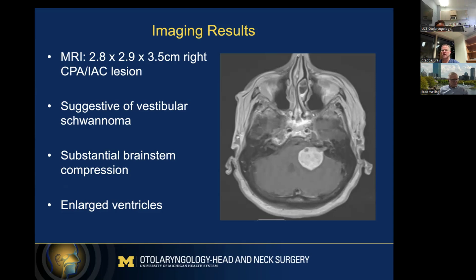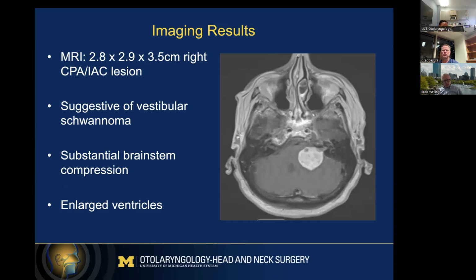What are the most common lesions in the CP angle? Can you give me the top 3 or 4? You mentioned schwannoma, probably the most common. You can also have a meningioma. You can have arachnoid cysts. Is an arachnoid cyst going to be enhancing on T1 like this?